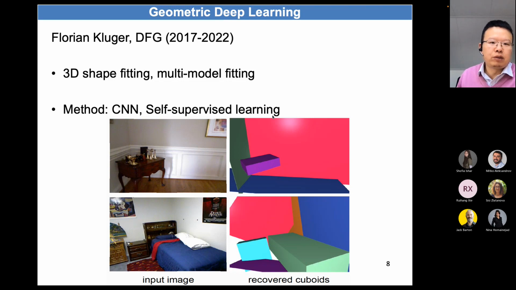Directly inferring 3D is quite difficult, so what he did is represent the scene by recovering cuboids from the image alone. Basically he uses cuboids to represent objects in the scene, for example the walls, the floors, and the bed and desk. He uses CNN and self-supervised learning.